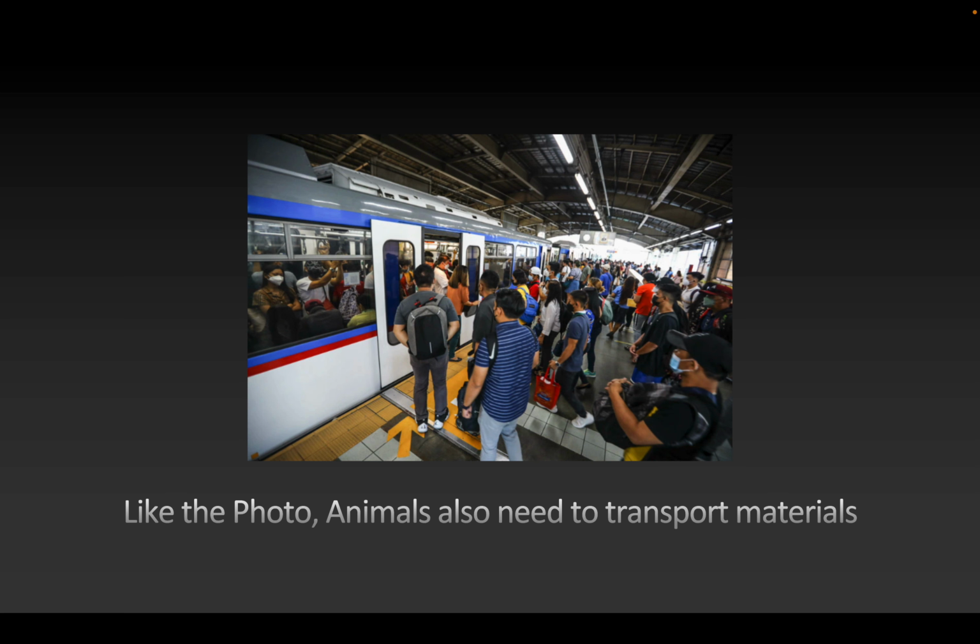So here you can see a usual scenario in the Philippine commute environment, that on a daily basis, people use public commute like the train to go from one place to another. And in the context of animals, at the cellular level, materials are transported, molecules are transported.